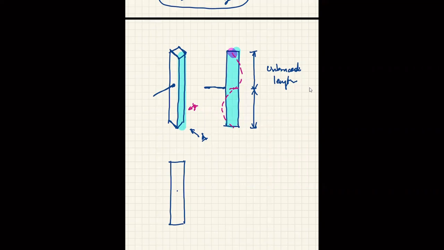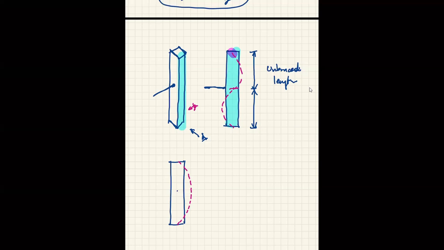Are you with me? Yes, yes. Good. So that means in this axis, your column is free to buckle with the entire length this time because there is no help. Correct? Yes, yes. So you must consider both axes.